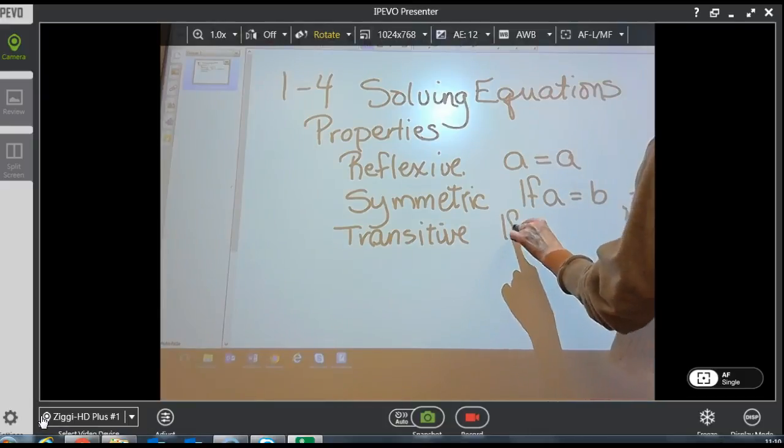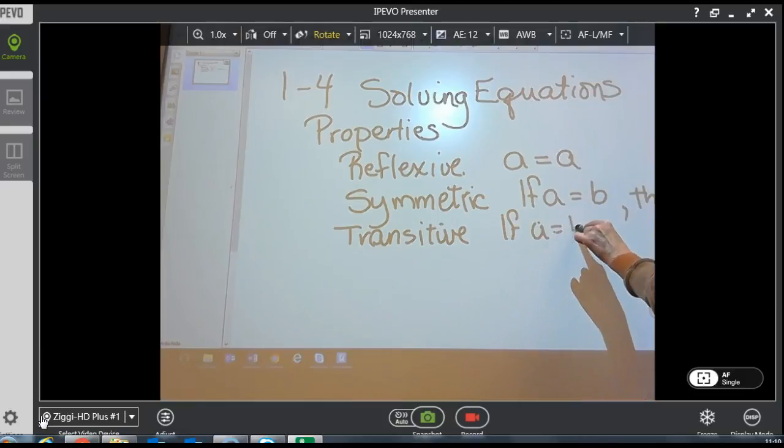So, transitive, if A equals B and B equals C, then A is equal to C. Both A and C are equal to B, so they have to be equal to each other.